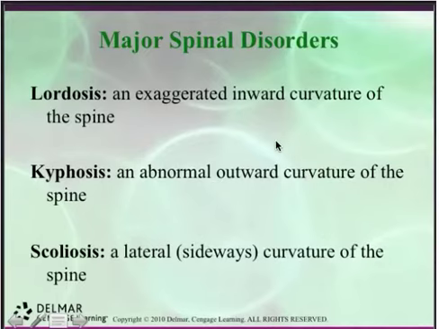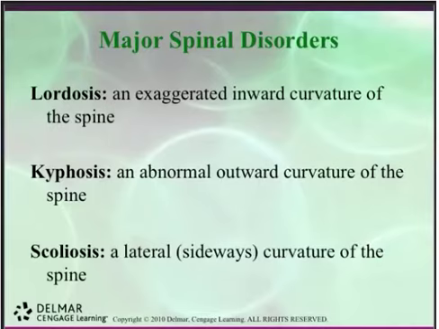This is basically an extreme lumbar curvature where we thrust the abdomen outward. We see this very often in pregnancy and in obesity. Kyphosis, also known as hunchback, is an abnormal outward curvature of the spine and is often exacerbated by conditions such as osteoporosis. And scoliosis, also known as swayback, is a lateral curvature of the spine.